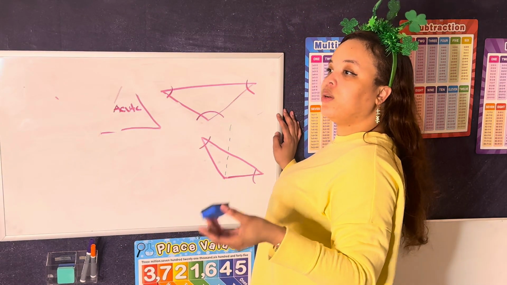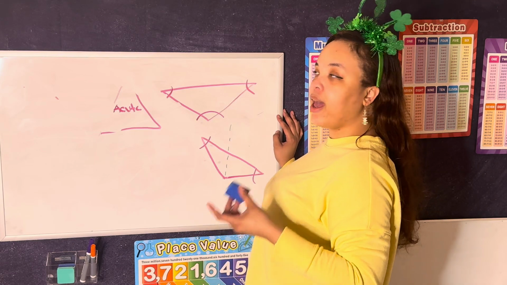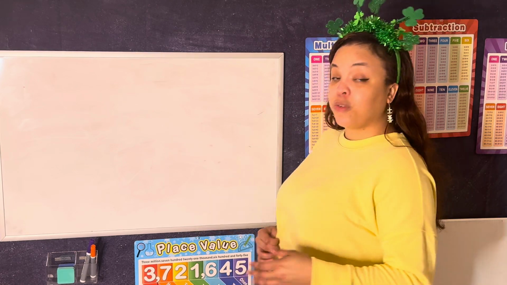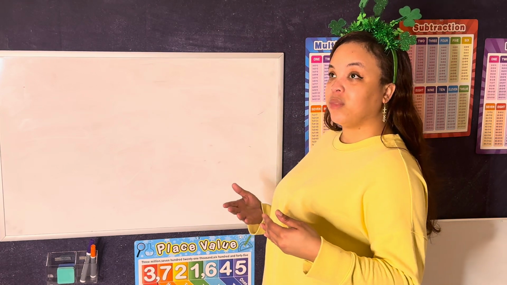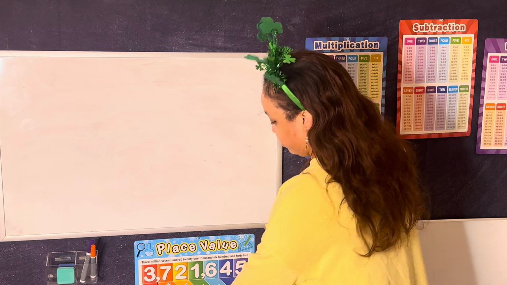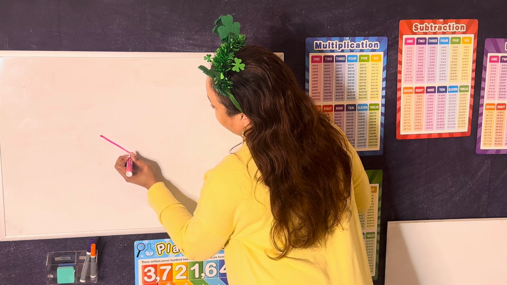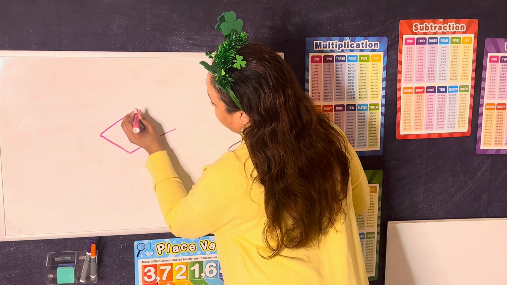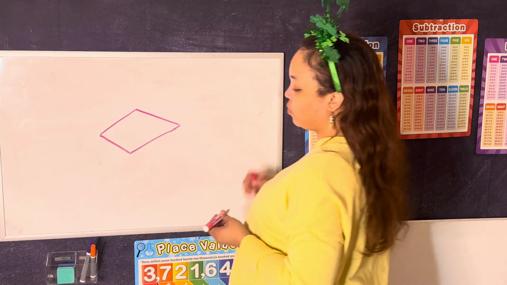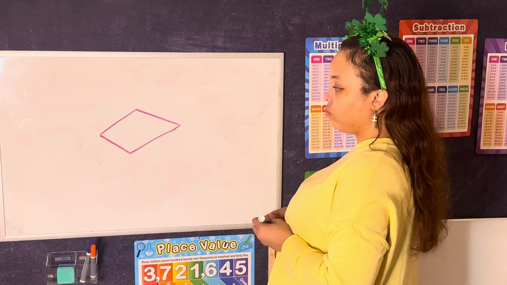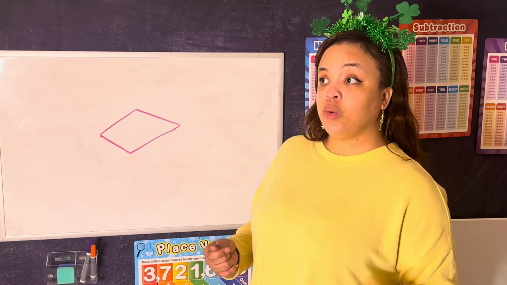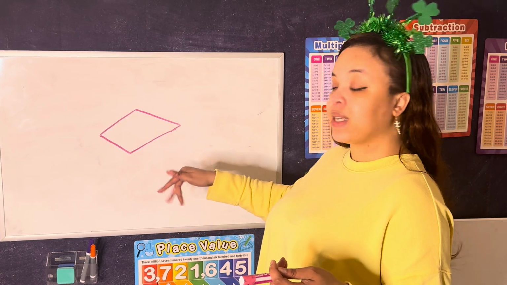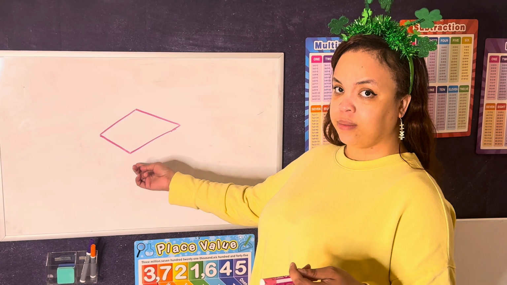And the cool thing is you can find angles everywhere. You can draw an acute angle on a square, but of course it's going to change the shape. So really quick, if I wanted to do a square with different angles, different endpoints, it's going to start looking like a diamond.